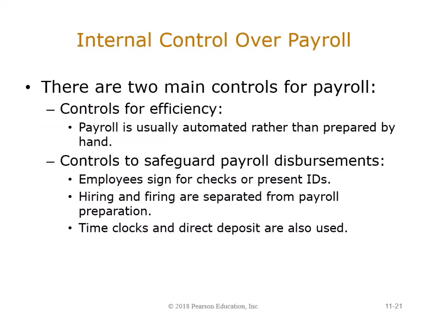Okay, now internal control. This is something that I know you learned about in your previous accounting course. Internal controls over financial reporting essentially help to ensure the integrity of the information that we're reporting. It helps to protect a company's assets and also to ensure that we are reporting accurately.